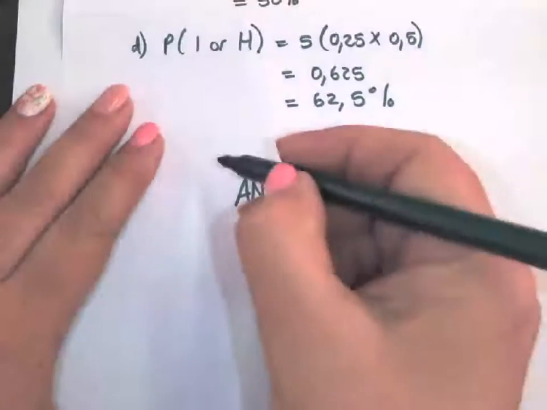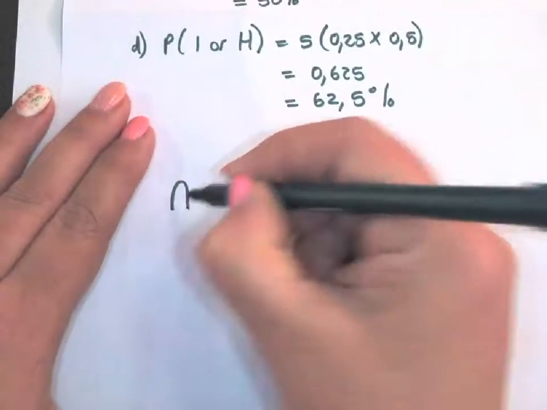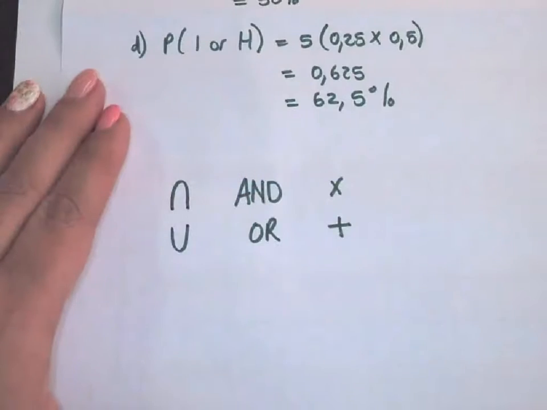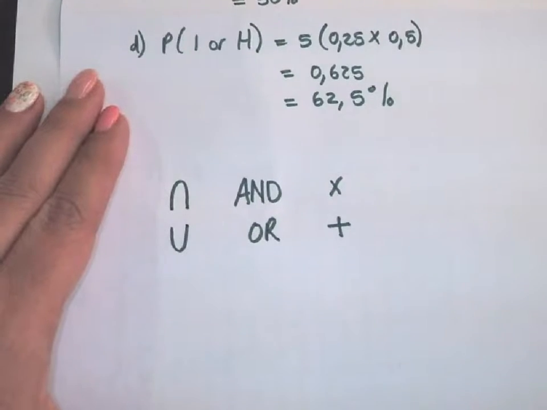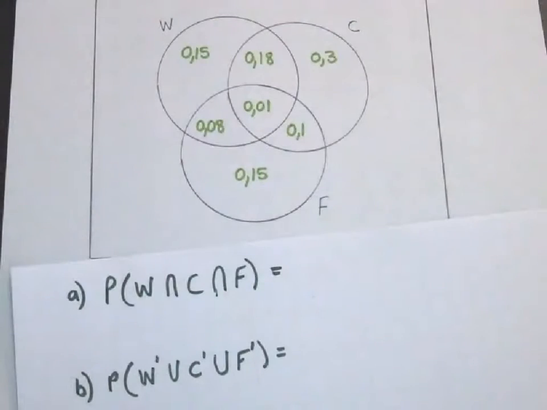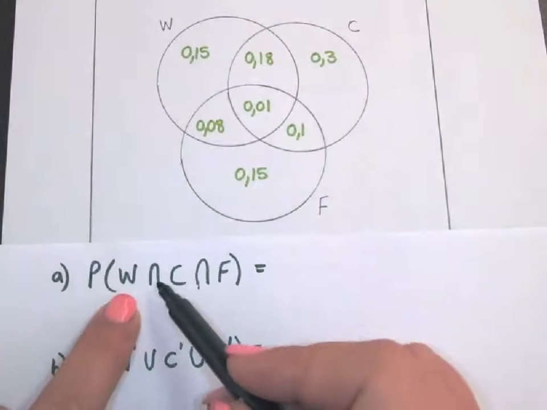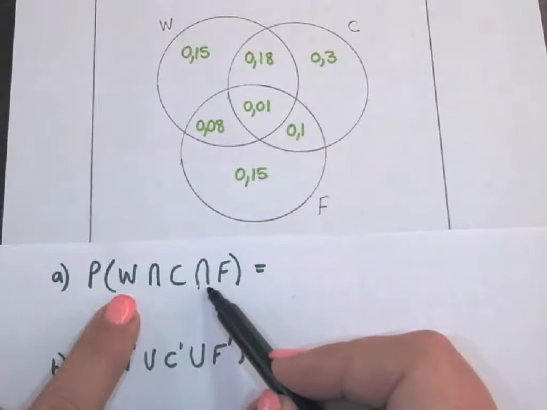The sign for and is this, and the sign for or is that. So, a sweetie and a chocolate and a fruit.